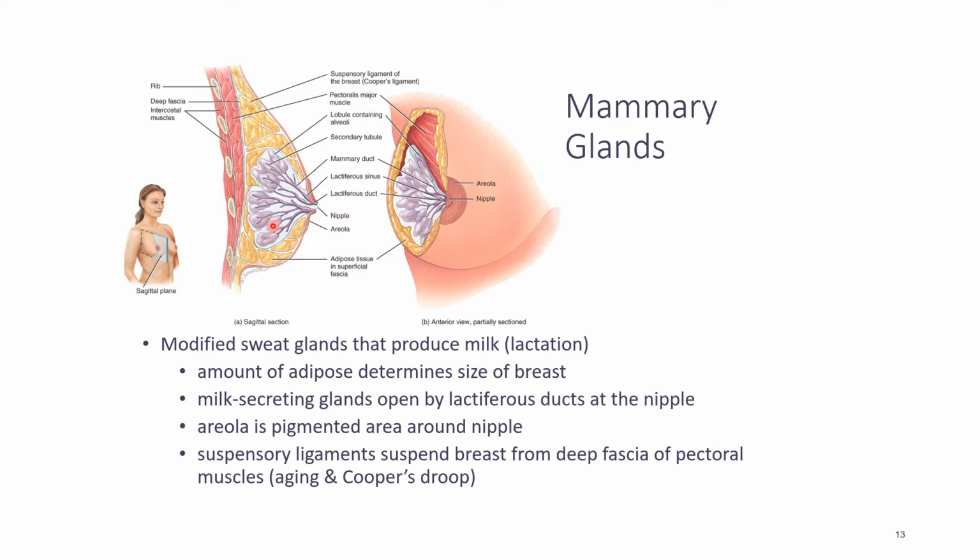I want to mention two clinical contexts here. One is breast cancer. When you say the word breast cancer, it would imply that this entire structure here gives rise to cancer cells. Most breast cancers originate from this very, very tiny segment of the mammary gland, the ducts.